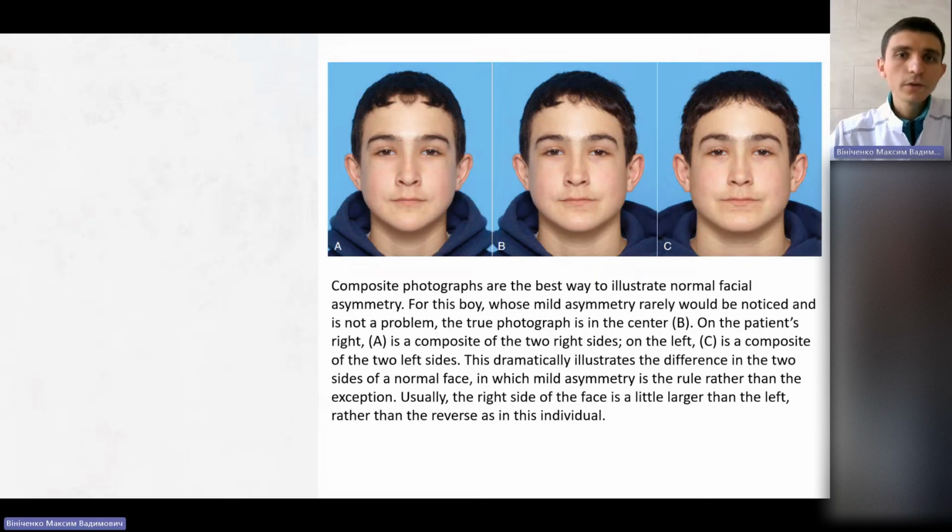If you couldn't see the central photograph, we could say that there are two people, as they are not similar. Here is the difference between the left and the right side, and as you understand, it's wider. Why? Because this boy has a facial asymmetry.